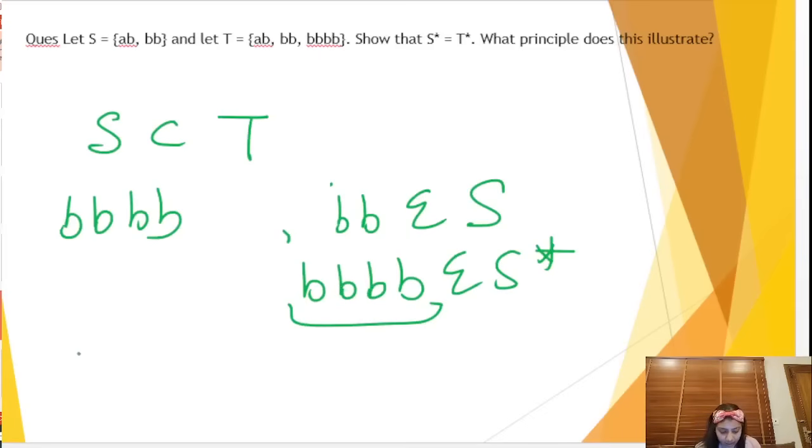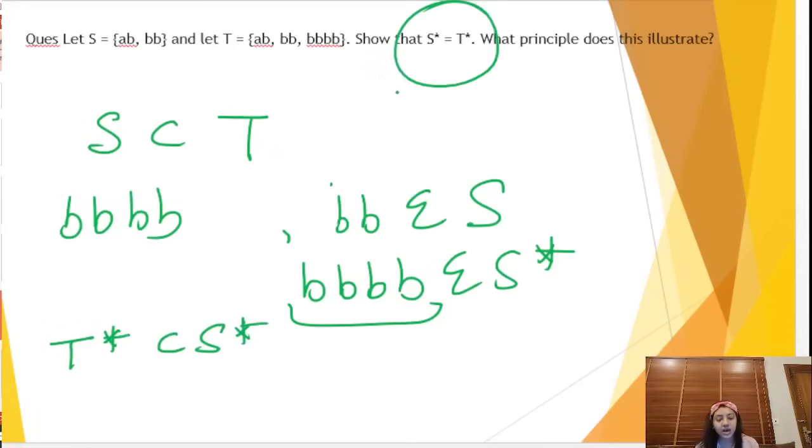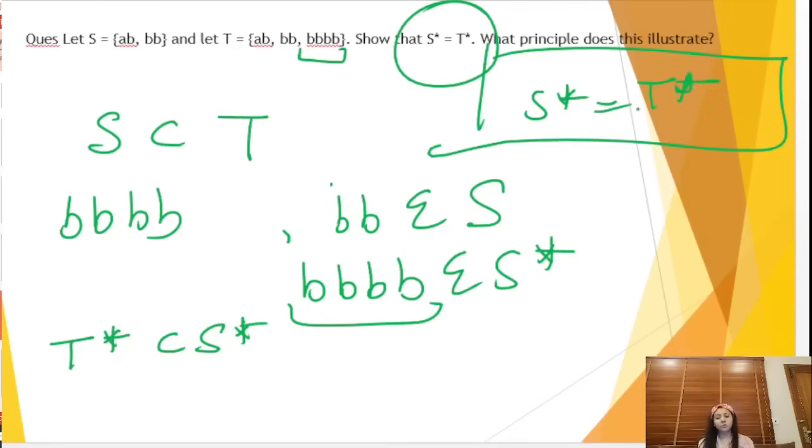So from here we can say that T star is nothing but a subset of S star only, which proves that S star and T star are equivalent. The only string that was extra in T was this string. But this string can also be formed from the concatenation of the words in S. So naturally their star is also equivalent. So S star is equivalent to T star. So this proves this statement.